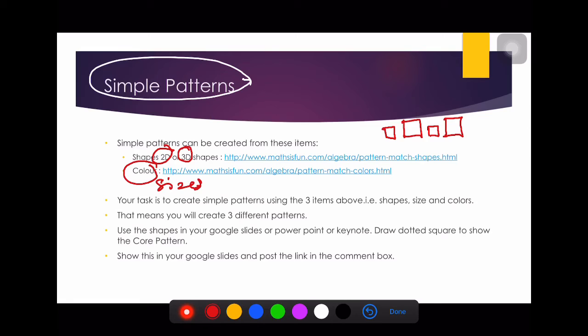This is an activity which you can ask your students to do, which is to create simple patterns using 3 items, for example, shapes, size, and colors. So that means you'll be creating 3 different patterns: this is pattern number 1, this is pattern number 2, this is pattern number 3.